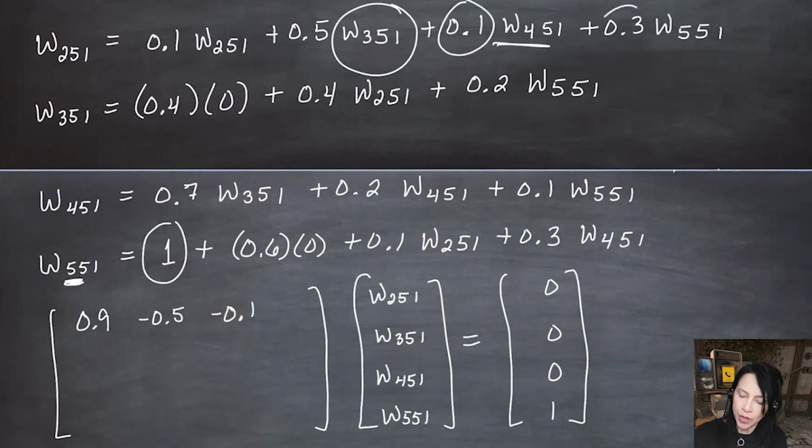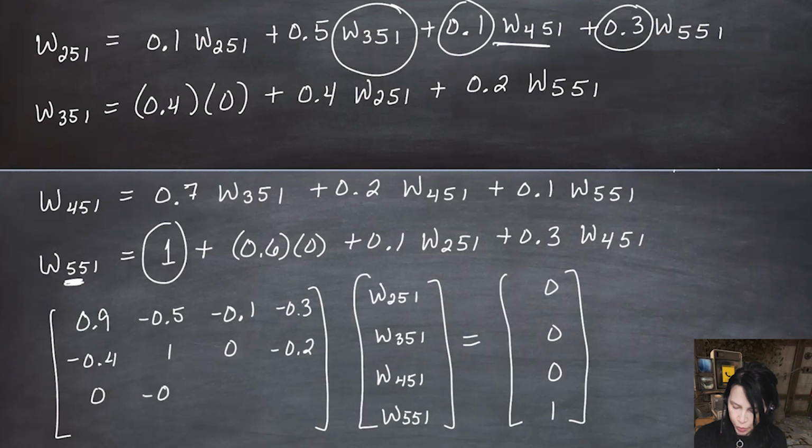And I've got 0.3 as a coefficient for W551, moving it over to the left, negative 0.3. So I'm going to fill out the rest of the matrix. The next row is negative 0.4, 1, 0, negative 0.2. The next row is 0, negative 0.7, 0.8, negative 0.1, and the final row is negative 0.1, 0, negative 0.3, and 1.